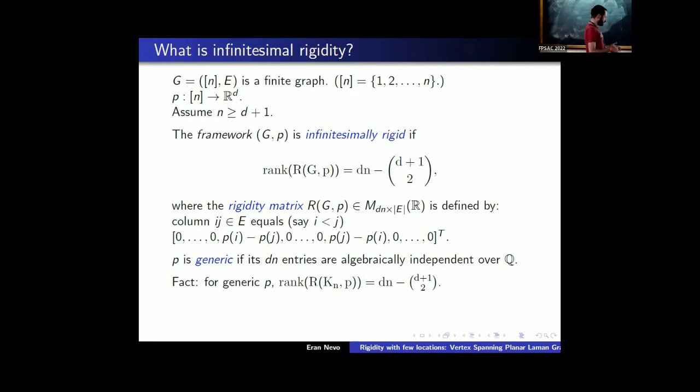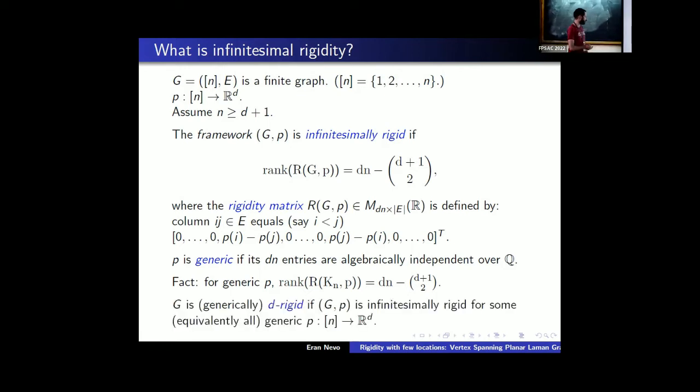So the maximal rank you could possibly have is when you take the complete graph with generic P, and then one can simply compute the rank, and it's this number, dn minus d+1 choose 2.